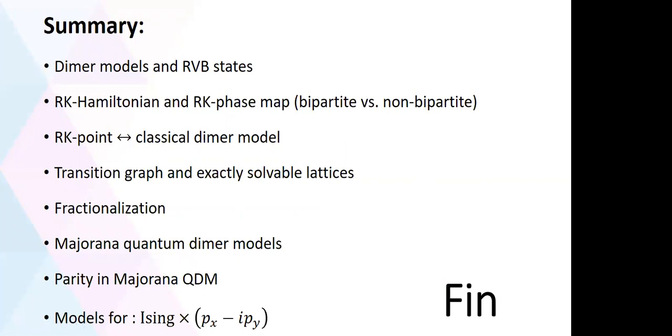Last time I showed what dimer models and RVB states are. I talked about the RK Hamiltonian and the RK phase diagram, with the distinction of bipartite and non-bipartite.